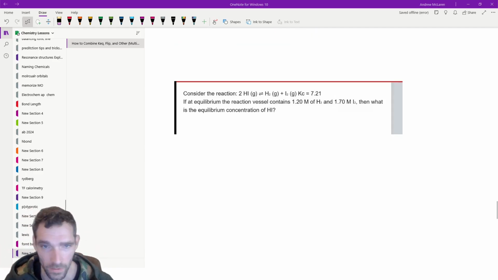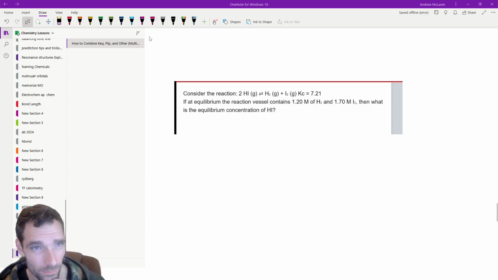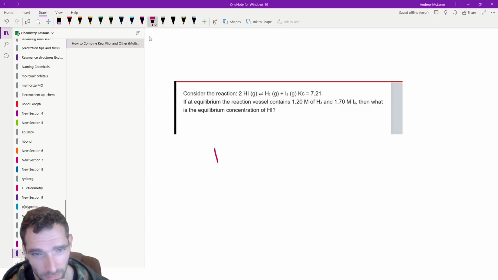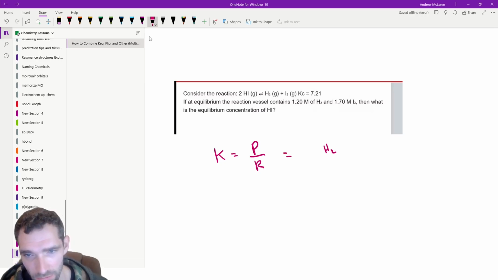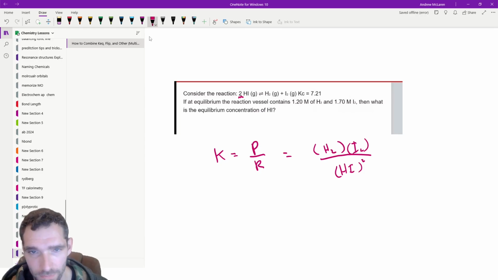This is kind of similar in the big picture thinking of this K equilibrium to the last problem. But if we're talking about product over reactant here, we can set this up having our H2 times the amount of I2 all over the HI being squared, due to there being the 2 right there.